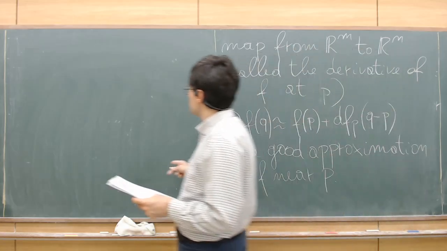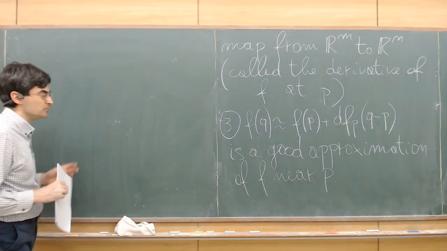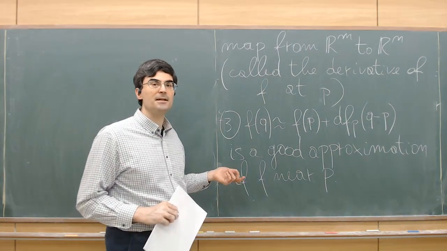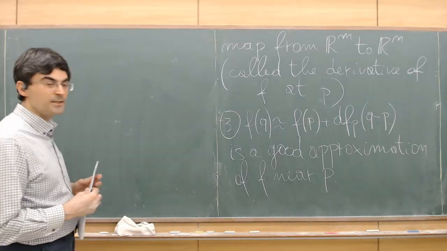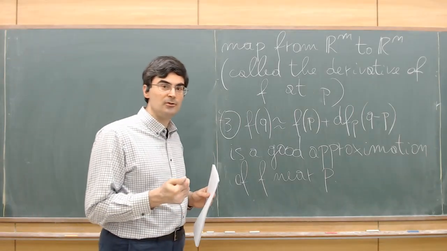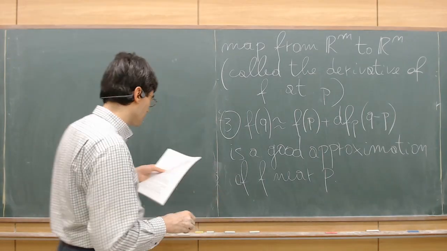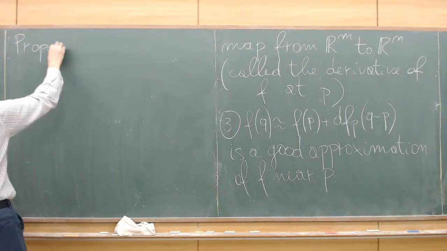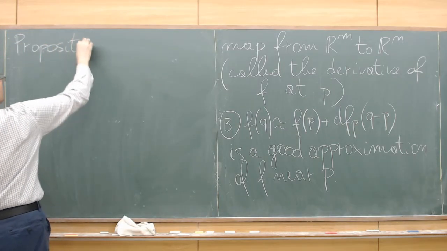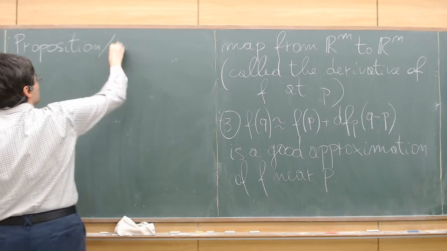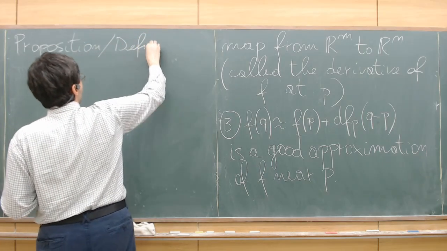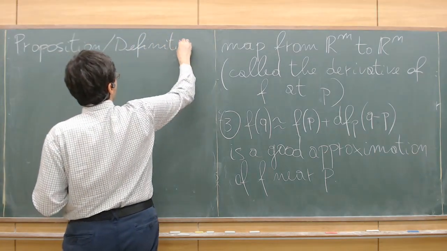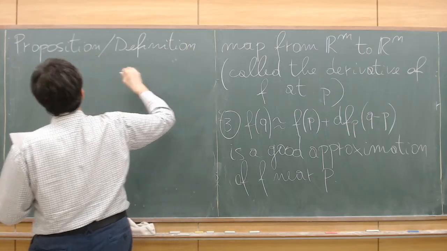So this proposition says that the dF_P is a linear map. What is the matrix which represents this linear map? The answer is provided by proposition slash definition 3.5.